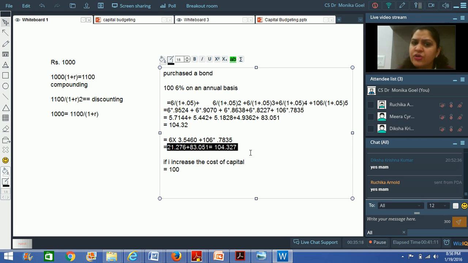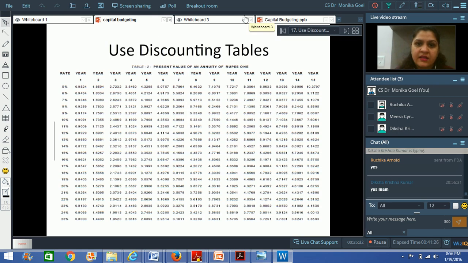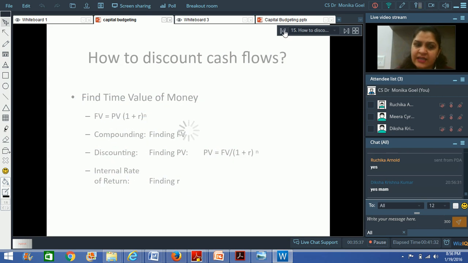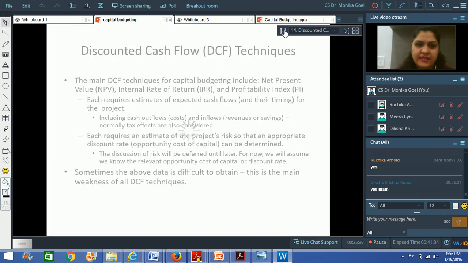One is present value of rupee 1 and second would be present value of an annuity of rupee 1. So when you are getting the same amount year after year, just use the present value of annuity table. Do not use the present value of rupee 1 because you will have to do a lot of calculations. Is it clear? Is the point clear? Okay.